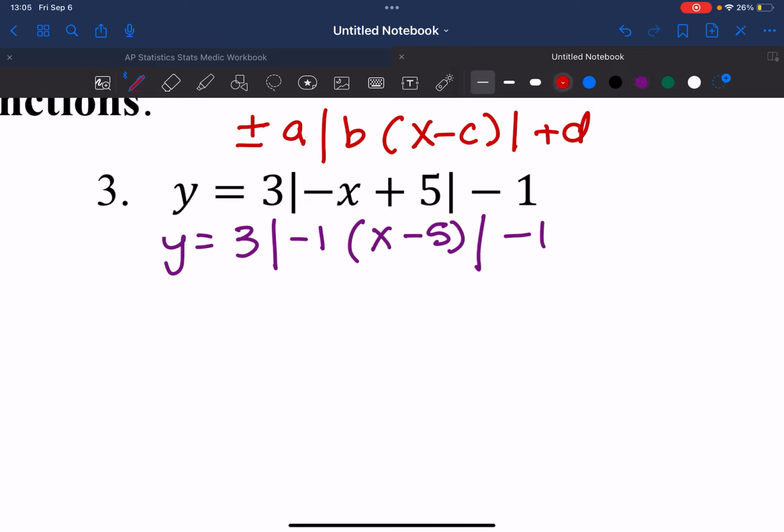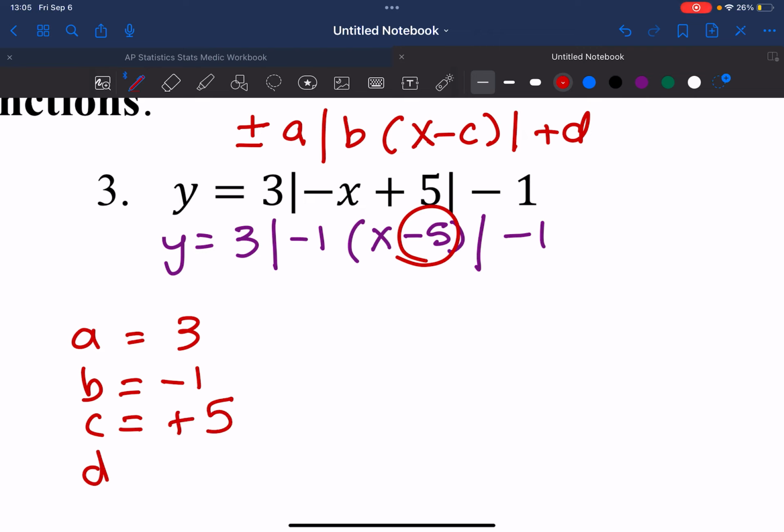So now I can rewrite my problem, and now I'm able to label my A, B, C, and D. Okay, so I wasn't able to start from the beginning because I did not have parentheses in there showing me that my B value is -1. So my A value is 3, B is -1, C is opposite, so +5, and D is -1.